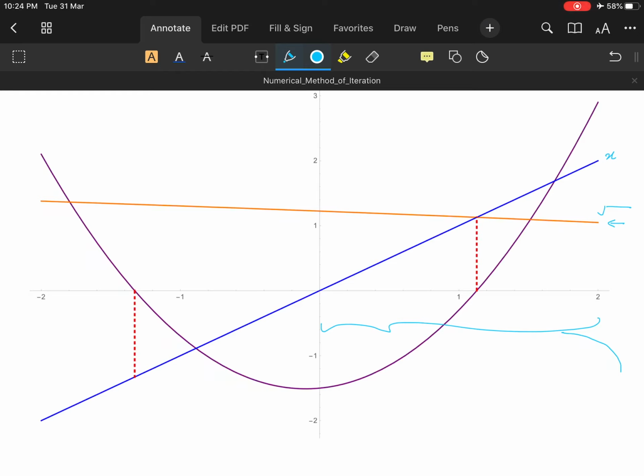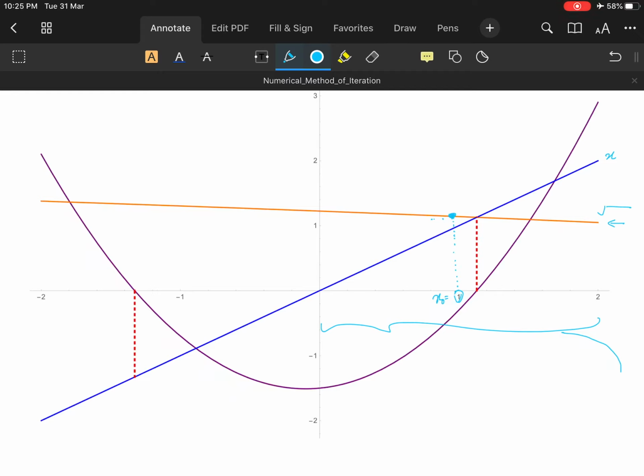If we pick this particular value 1 as our starting point, you can say x0 equals 1. Now, if I put a dotted line here up to this point, this point here is referring to the function.